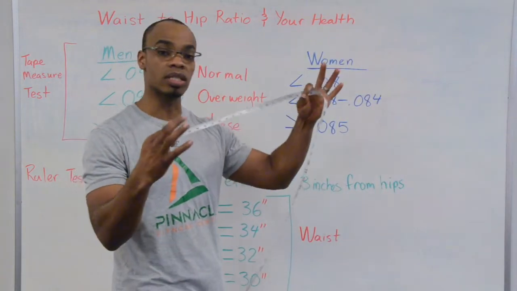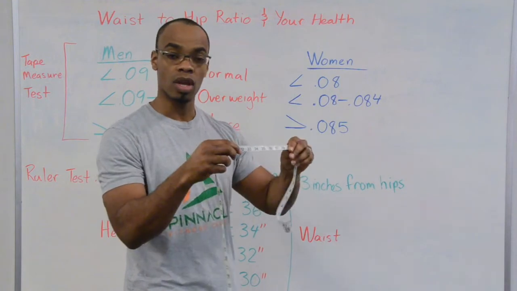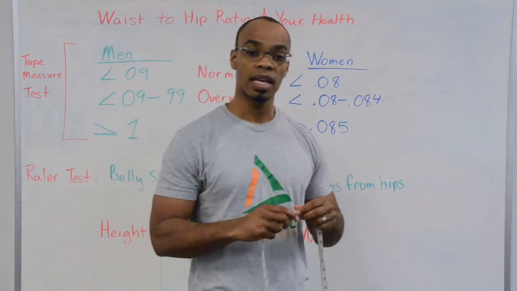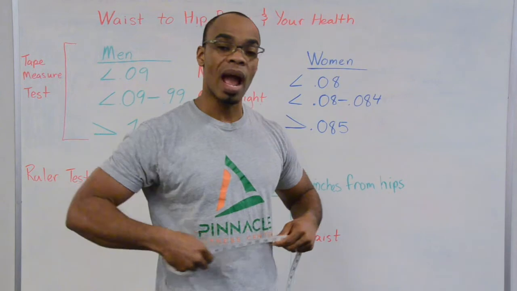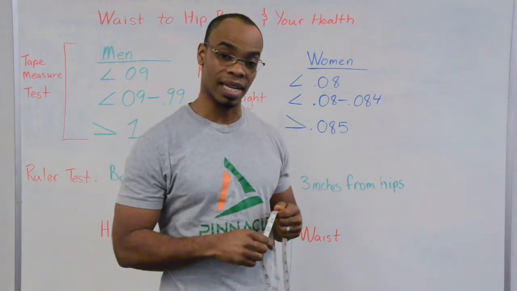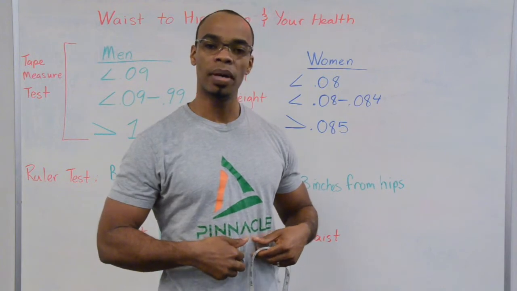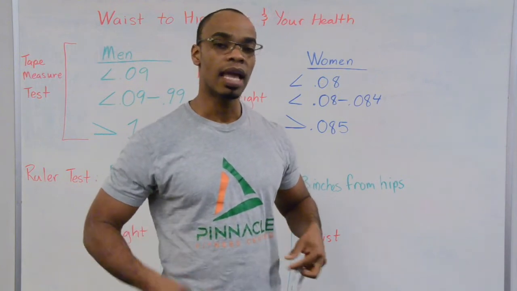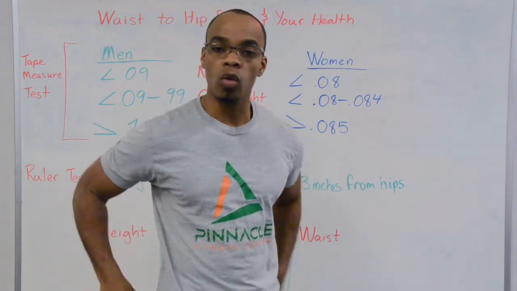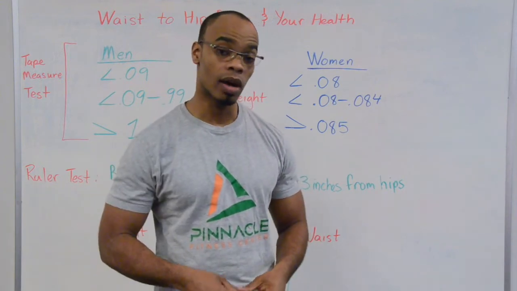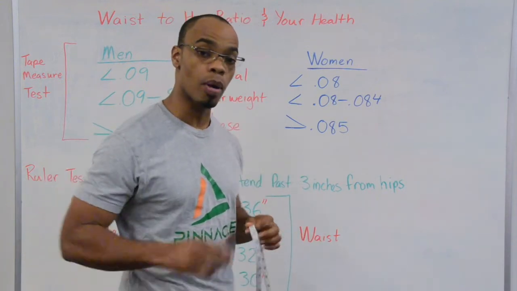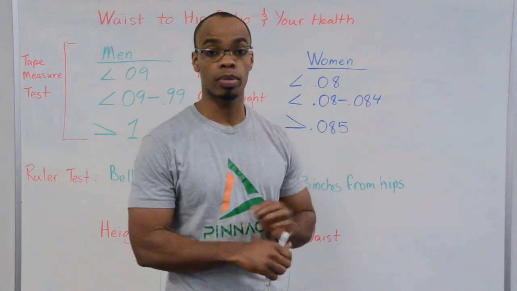And so the waist and hip test is done with a simple tape measure. You're going to take that tape measure and wrap it around your body, okay, at the smallest part of the waist. That's normally around the belly button or just above. And then you're going to wrap it around your hips, okay, at the largest part of where your glutes protrude.